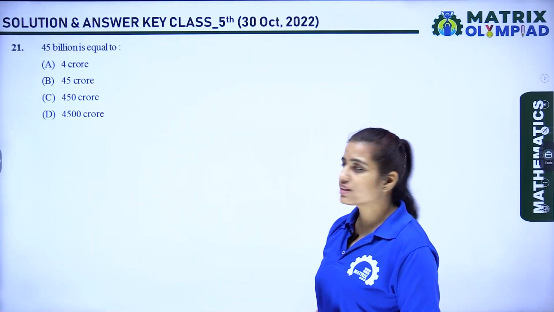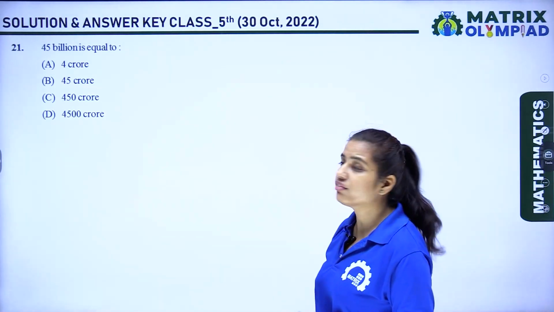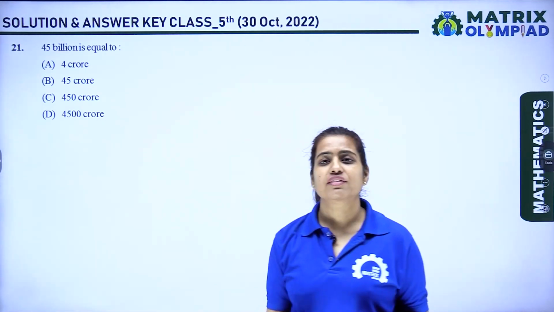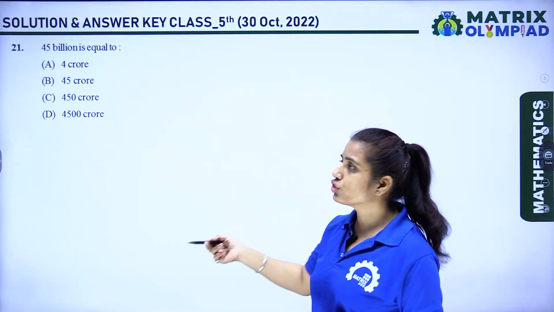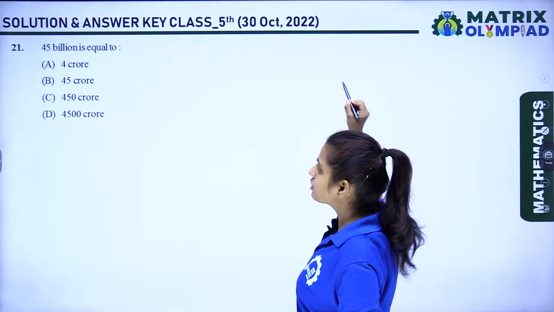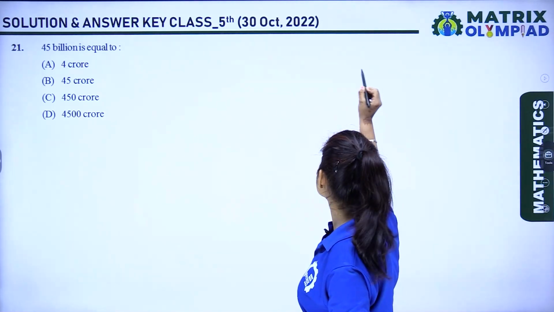Now the next question is 21, that is 45 billion is equal to. The four options are given in the Indian system and the question is asked in the international system. So let's first write down the international system.